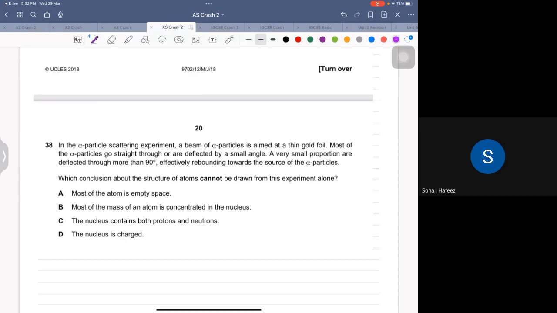Sir, I think it is B. Most of the mass, I wrote it. Yes, right. It is C. Why is it C? Because I never wrote about the neutrons. That means that it's C.